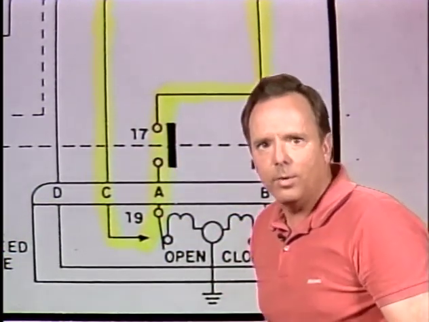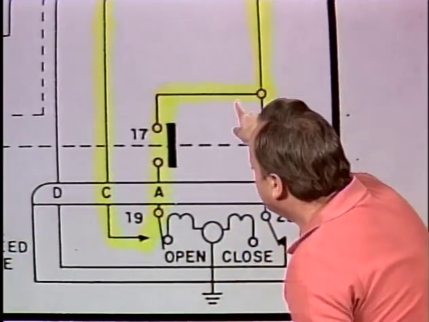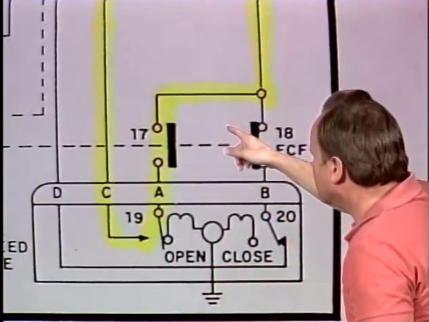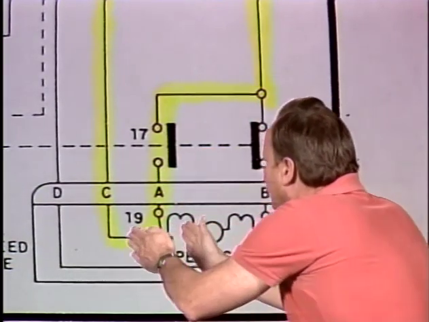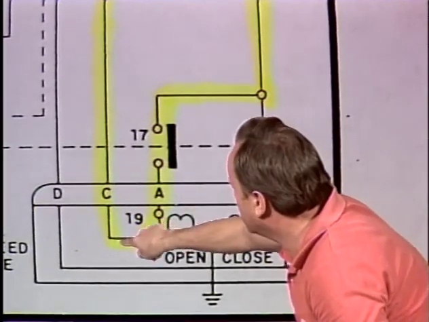Now, remember we're asking about the TCO relay, so now we're providing a path. These switches have moved over, 17 is closed, 18 is open, and we're providing a path to A. This solenoid becomes activated, moves over, and now we have A closed.